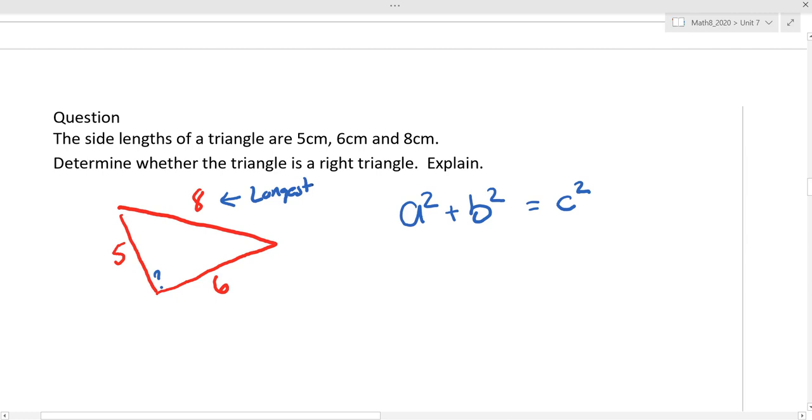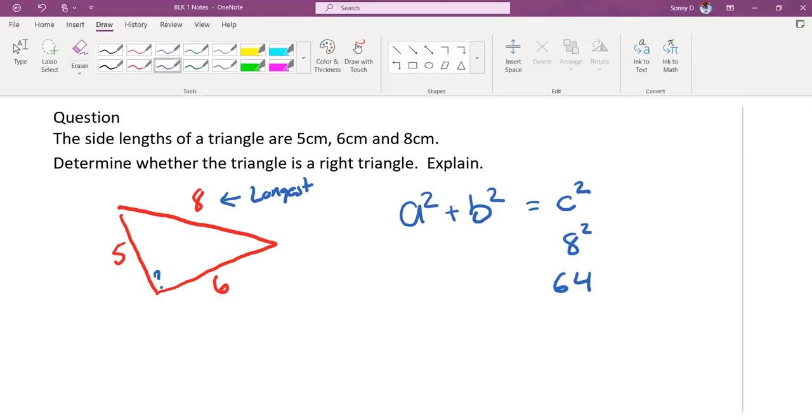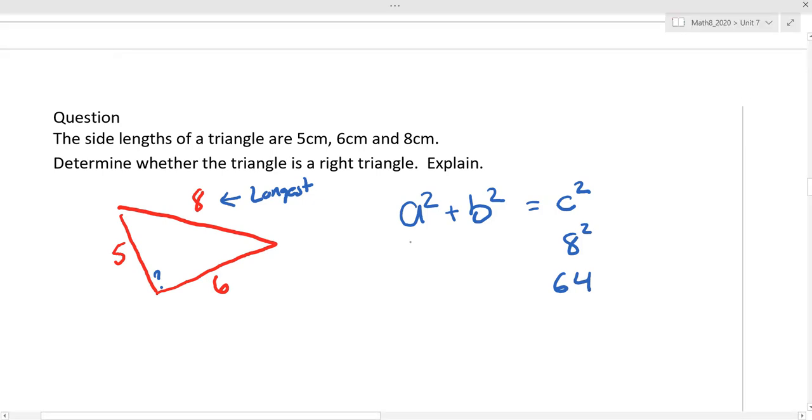Now we have to check this. 8 squared is 64. Now let's do the other side of this equation. We have a squared plus b squared, 5 squared plus 6 squared. 5 squared is 25, 6 squared is 36.